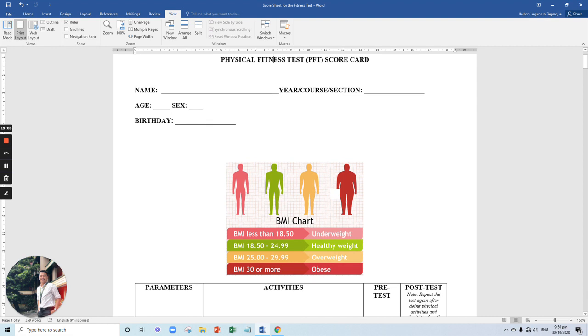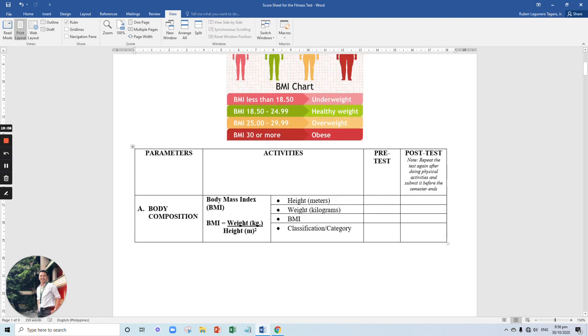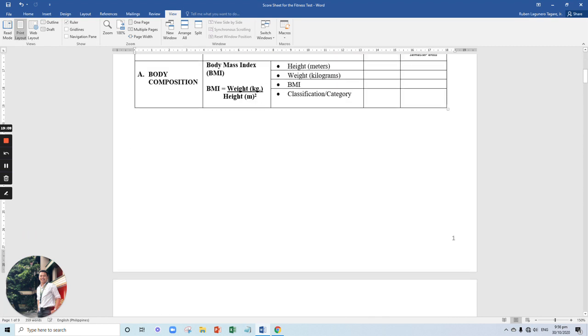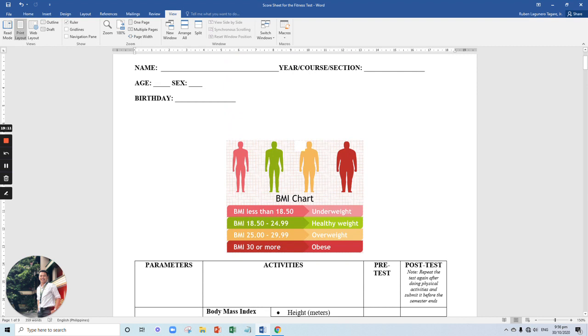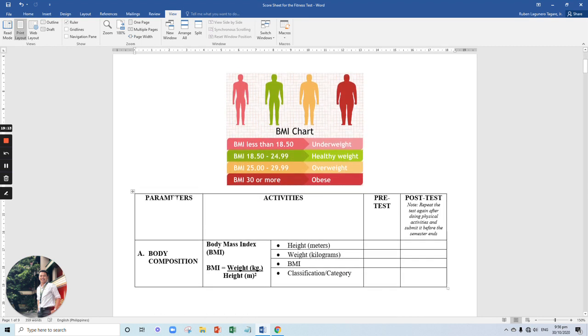So ganito ang gagawin ninyo. I have here per sheet, ito siya. Per sheet is one sheet is one activity, I mean. So for example, for parameter A, that is body composition. So the best way to measure that one is through the BMI, di ba? As what I have mentioned kanina. So you have to put your height in meters, your weight in kilograms, then your BMI.